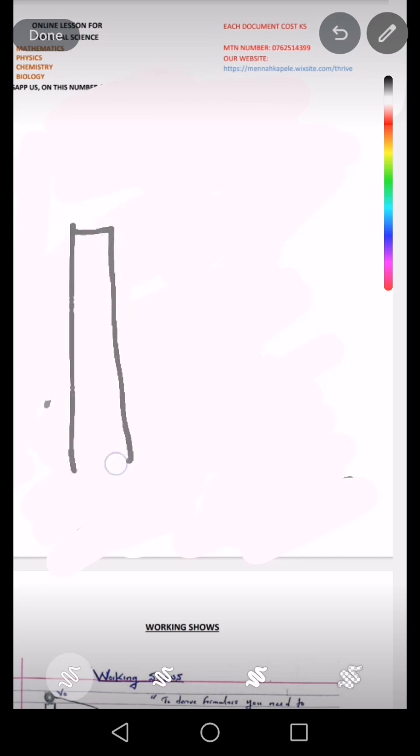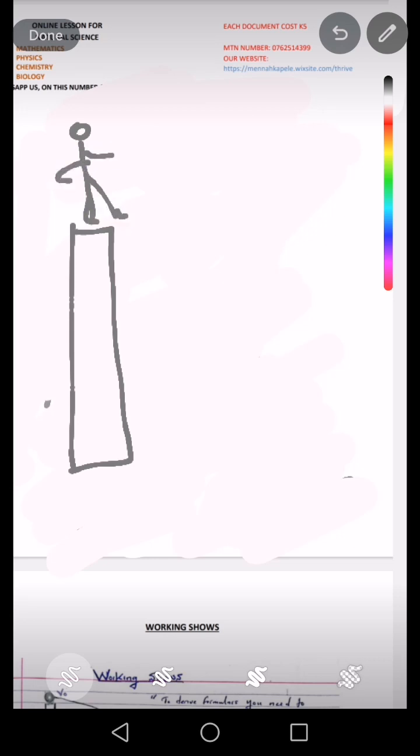The first case, which we'll consider today, is a cliff. Example, this is a cliff, and you are standing here. I'm not an artist, but I'll try to draw like this.